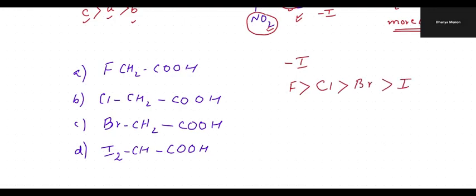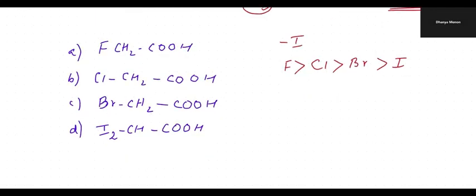Yes. So here you can see all of these have one electron withdrawing group, but in the last one, D, there are two groups present. Whenever there are two groups present, the more the number of minus I groups, the more the acidity. So definitely D will be the most acidic. Why? Because there are two groups present.